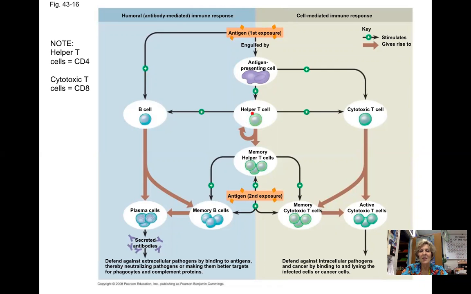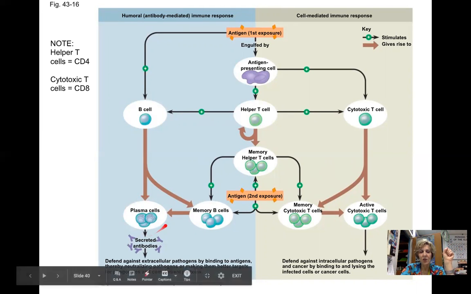And it will activate the cytotoxic T cells, which are also called killer T cells. It will also activate B cells to do their things. And the B cells themselves can also be antigen presenting cells, but we'll talk more about that later. So then in the humors, in the blood and in the lymph system, these B cells are going to be activated, and they are going to basically split into two different populations.